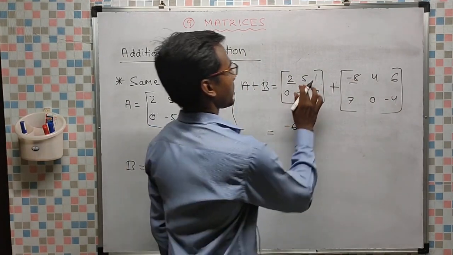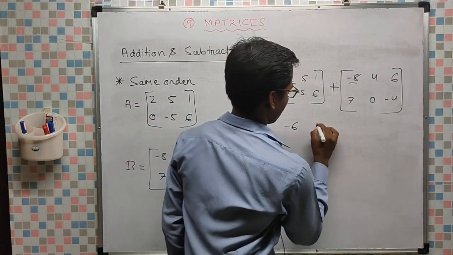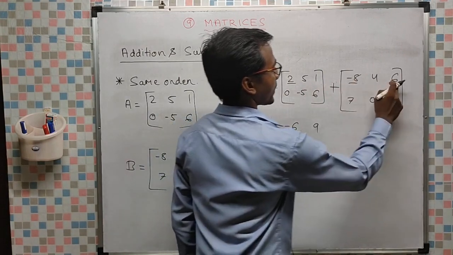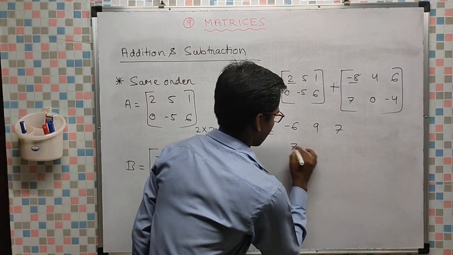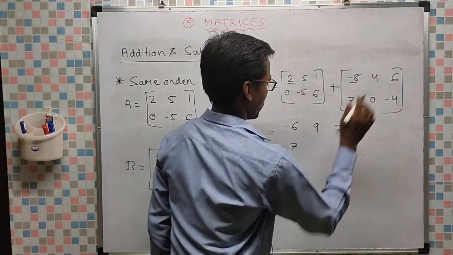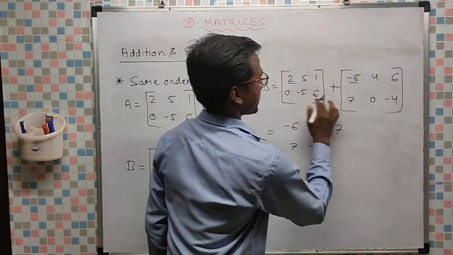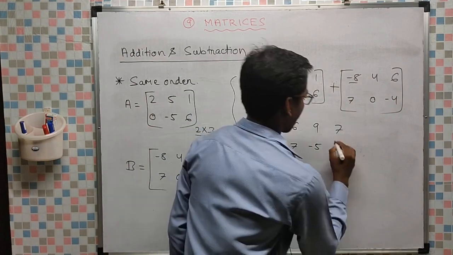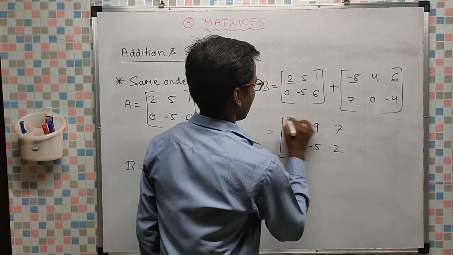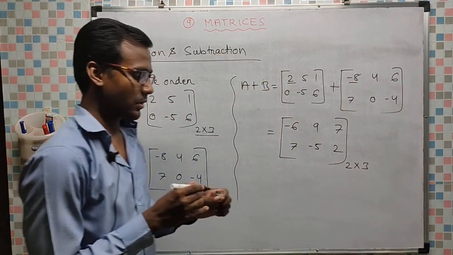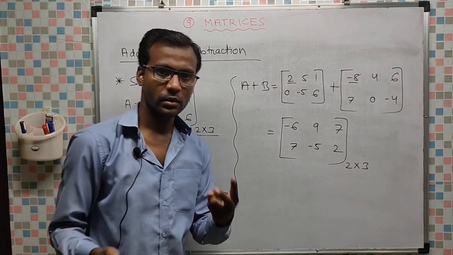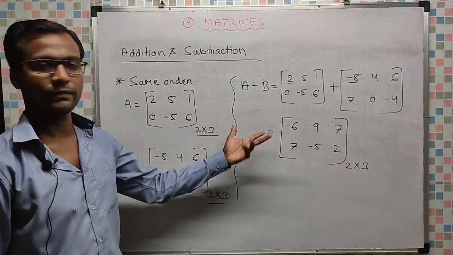Then 5 plus 4 is 9. 1 plus 6 is 7, 0 plus 7 is 7, minus 5 plus 0 is minus 5, 6 plus minus 4 is 2. Its order will remain the same. So this is how to add two matrices. It is very easy.